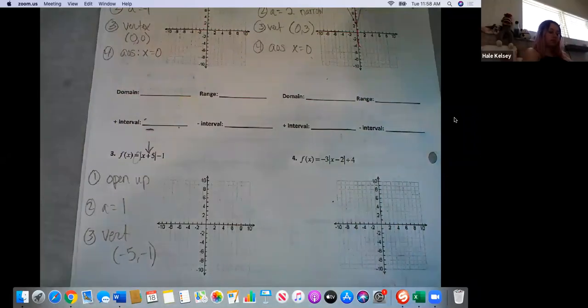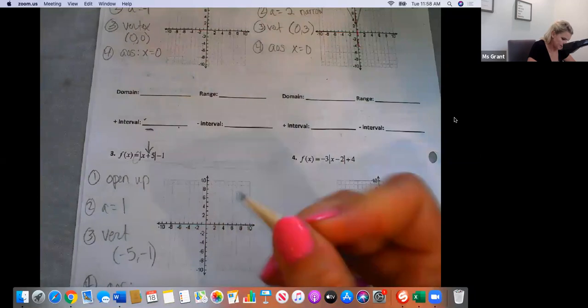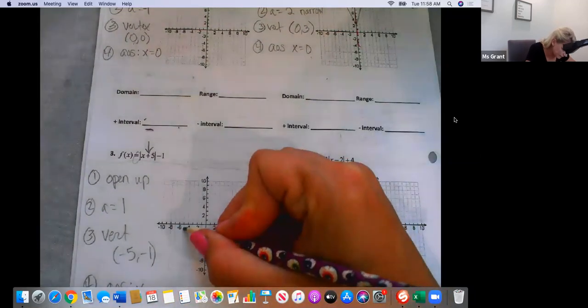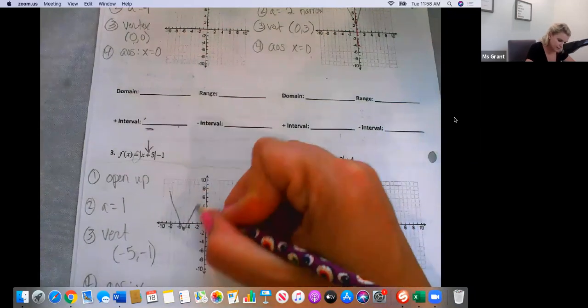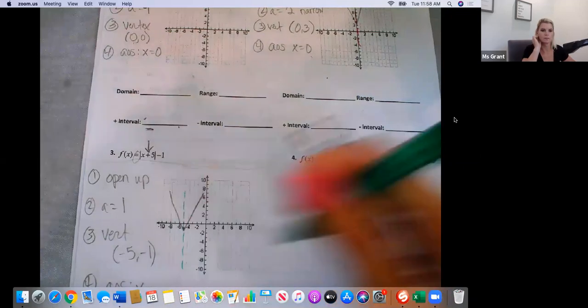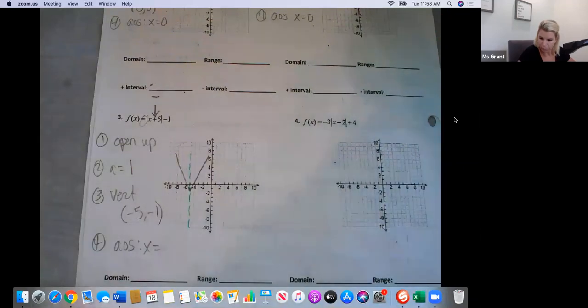Okay. Number 4, axis of symmetry. X equals, because -5, -1 is right here. The axis of symmetry is going to go straight down. Faith. -5.